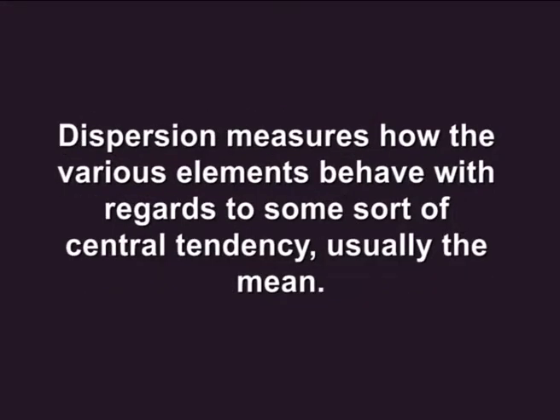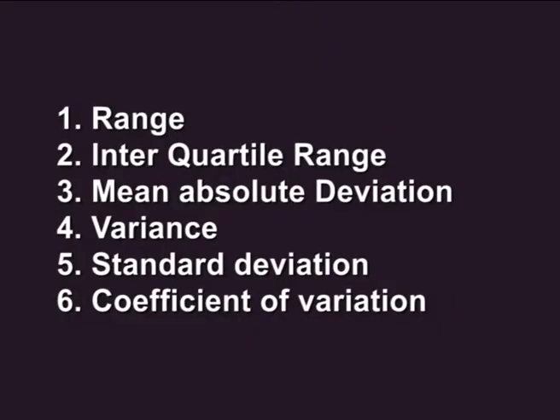Dispersion measures how the various elements behave with regards to some sort of central tendency, usually the mean. The main measures of dispersion are range, inter-quartile range, mean absolute deviation, variance and standard deviation. Also we measure coefficient of variation.